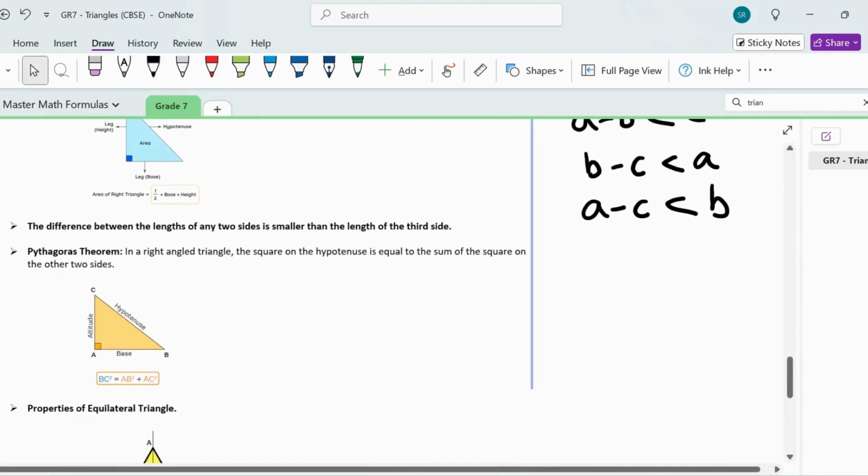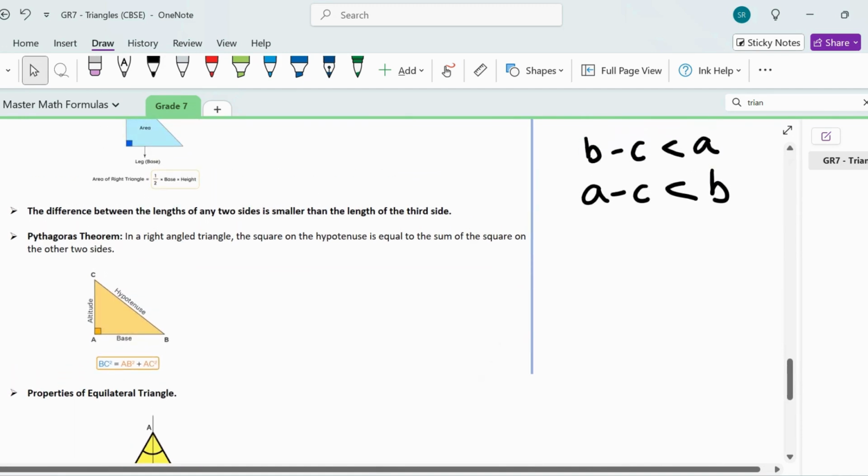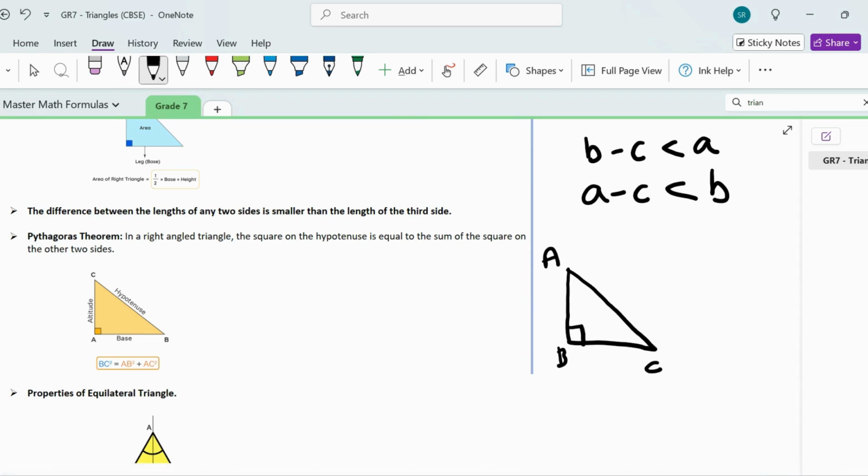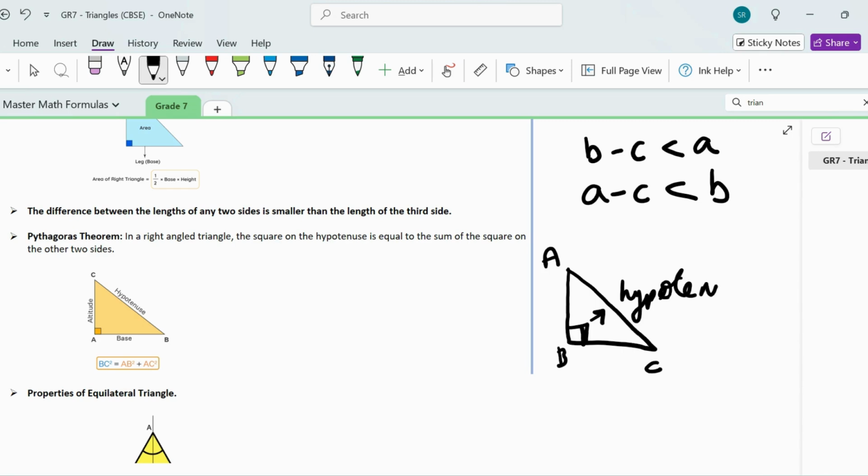Now coming to the most important theorem involved in triangles, the Pythagoras theorem. In a right-angled triangle ABC, right-angled at B, this is called the hypotenuse. That is, the side opposite to the right angle is called the hypotenuse.